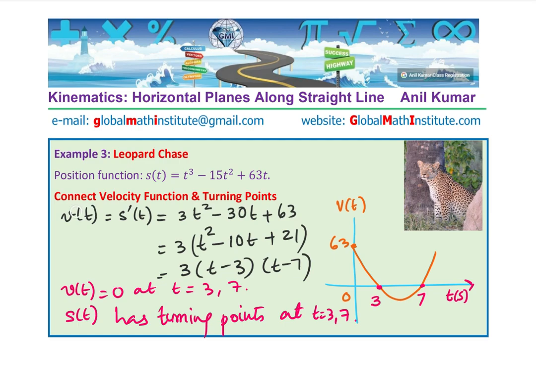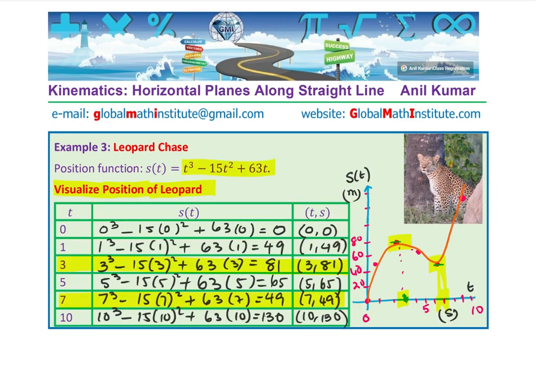Those are the positions, perfect. So you see how we have connected the velocity with the turning points of the leopard, right? So after 3 seconds and after 7 seconds, the leopard turns. It really means that up to 3 seconds, the leopard was going away, right? Do you see in this portion? The leopard was going away.